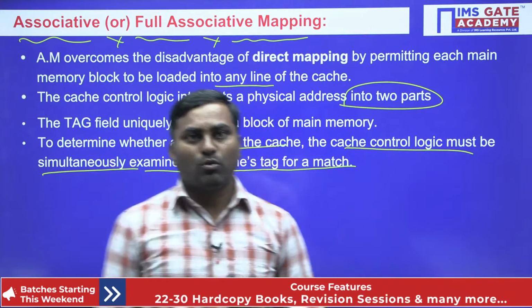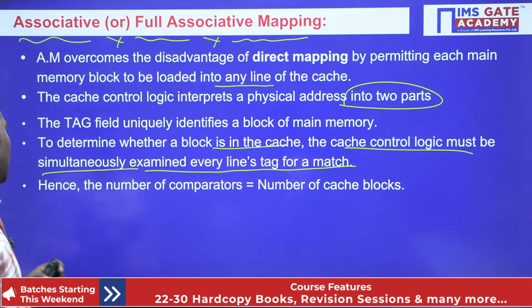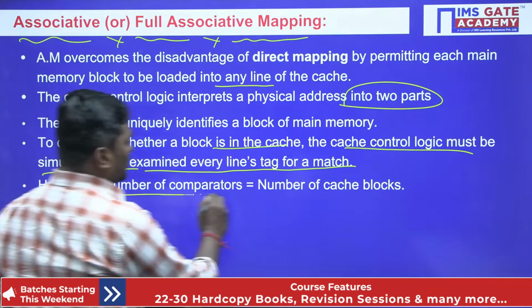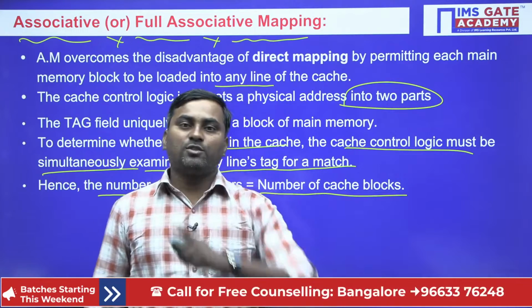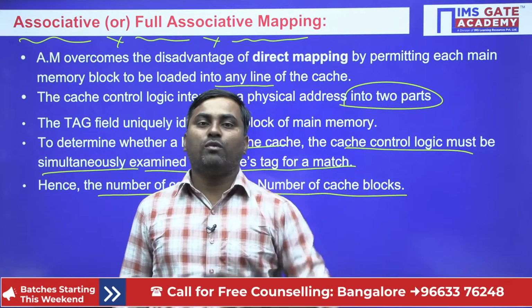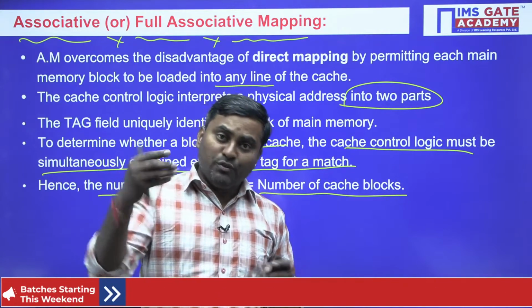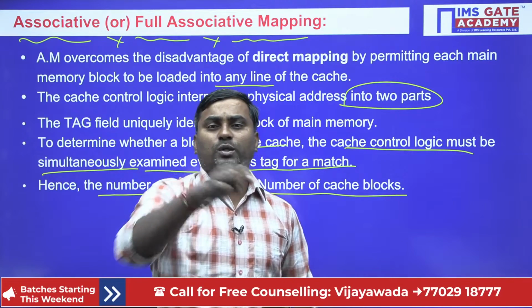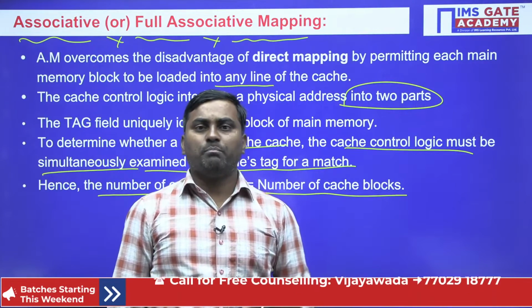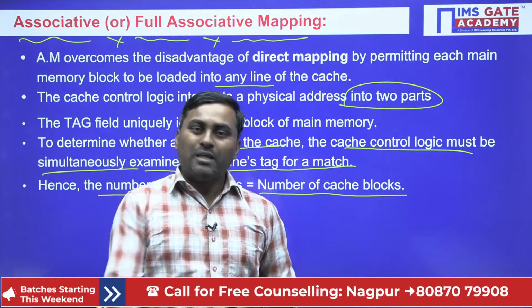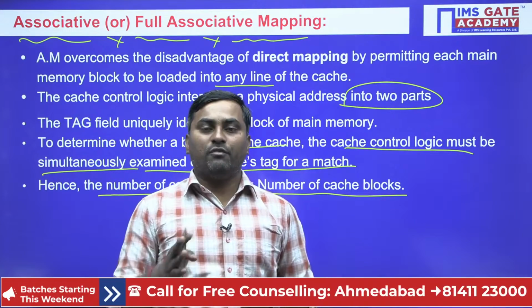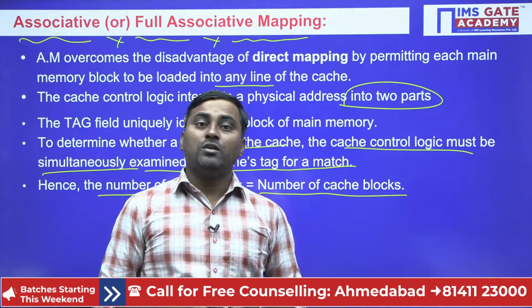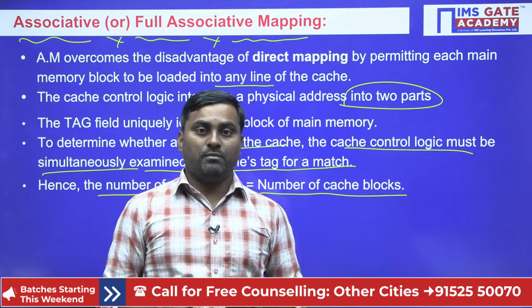So the number of comparators required equals the number of cache blocks. In direct address mapping, the number of comparators is only 1, because we know the location k modulo n is where I kept my block. But here we don't know, since you can place it anywhere, so every cache block needs to be compared with the tag bits.